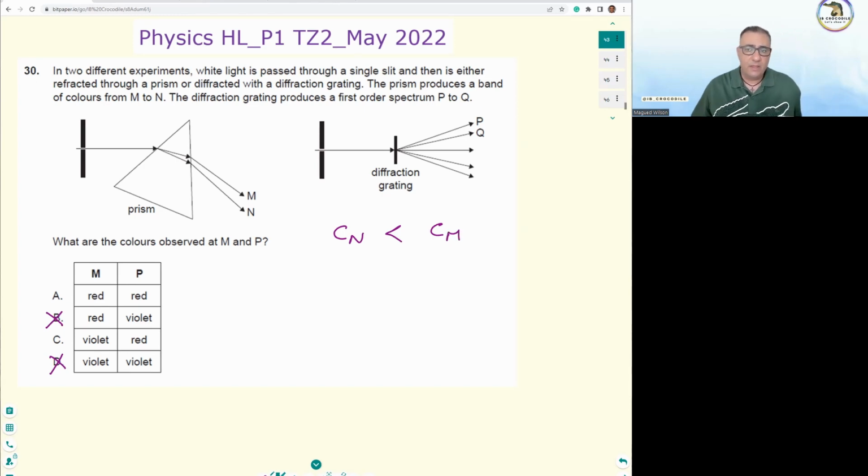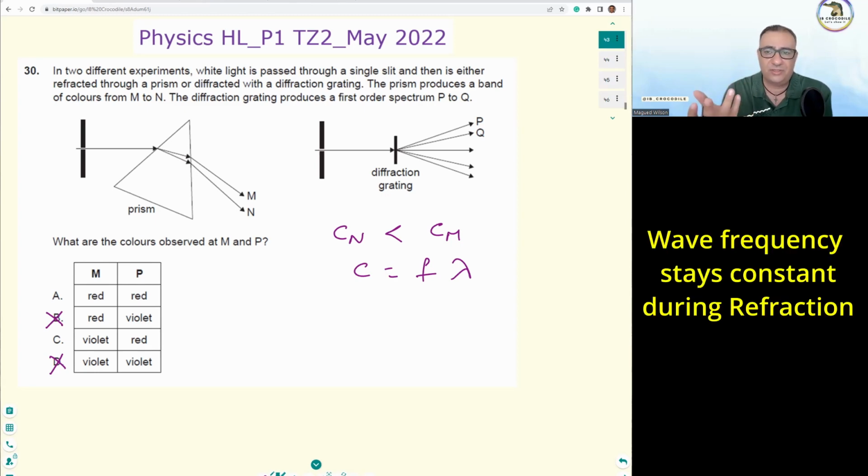Okay? Now, the national anthem of traveling waves: the speed is equal to f times lambda, where f is the frequency and lambda is the wavelength, right? As a matter of fact, in refraction the frequency doesn't change.